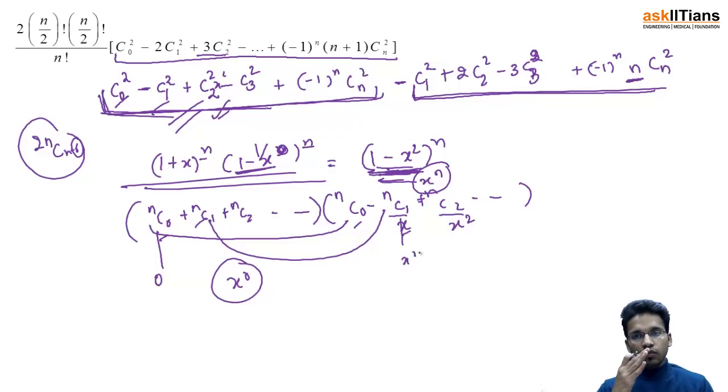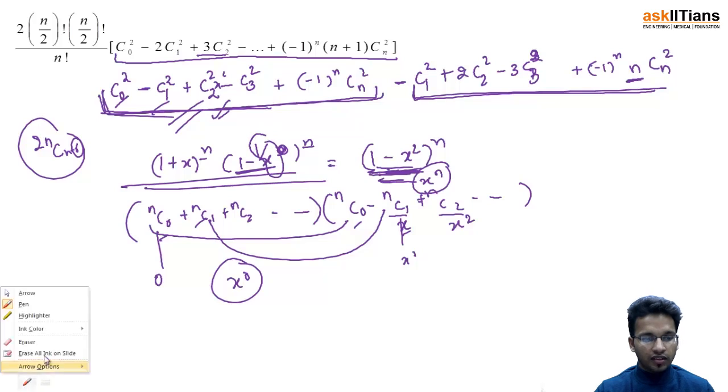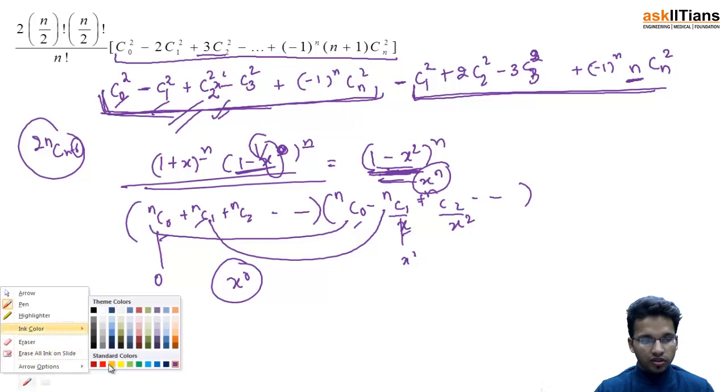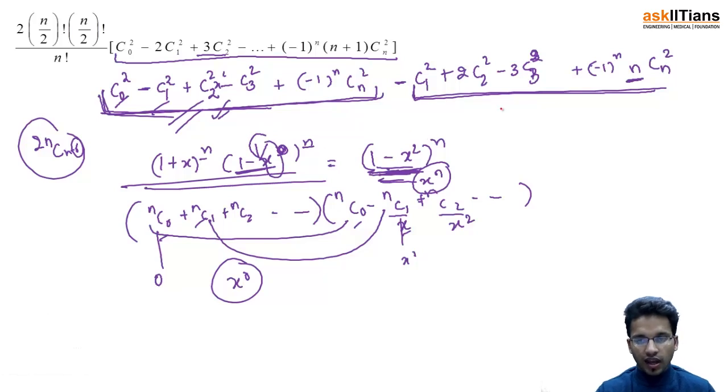So what I did, instead of multiplying equal powers, I took 1 by x here, and this completely modified things for me. I'll do it here: I've expanded these two things, 1 plus x and 1 minus x.